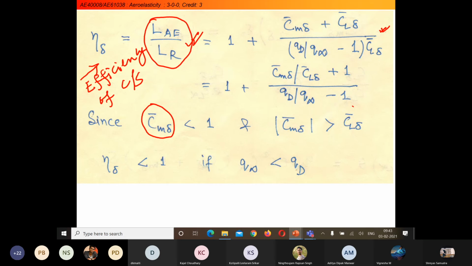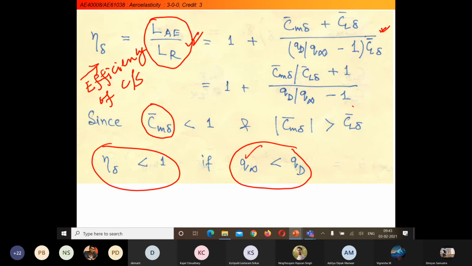So eta delta will be less than 1 if Q infinity is less than Qd, the forward speed or forward dynamic pressure is less than the divergence dynamic pressure. Then we'll have this condition: eta delta less than 1, under the condition that Q infinity is less than Qd.